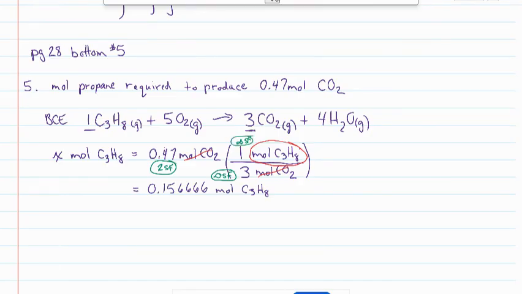So when we round, we have 0.16 moles of C3H8. Okay?